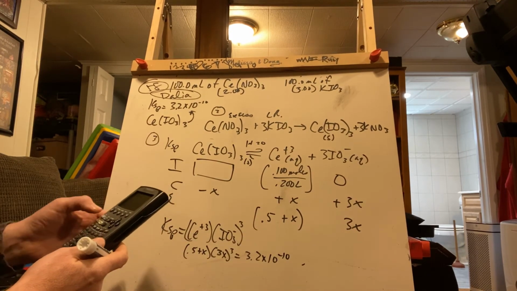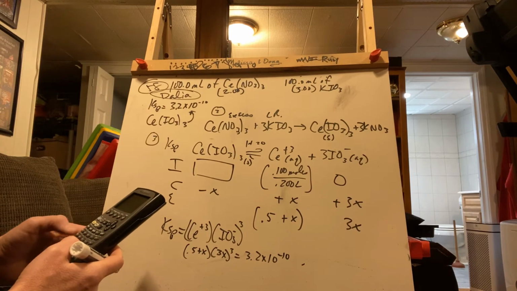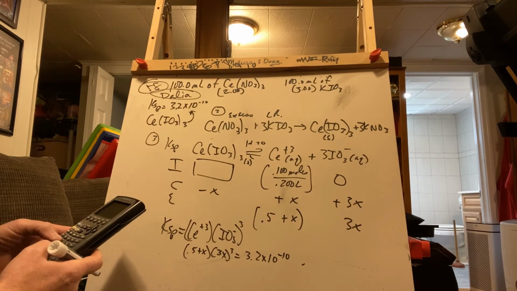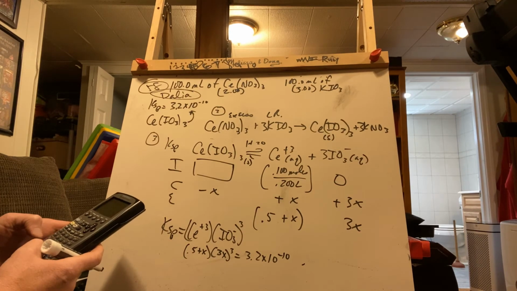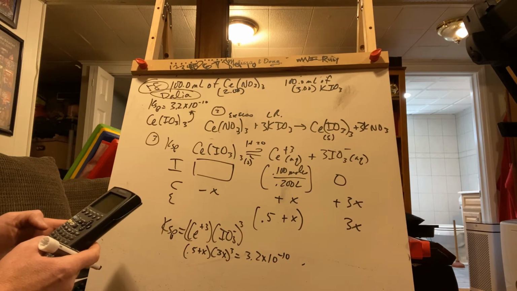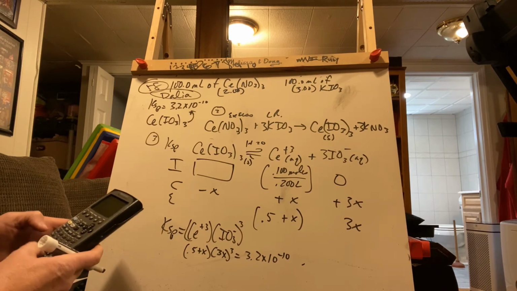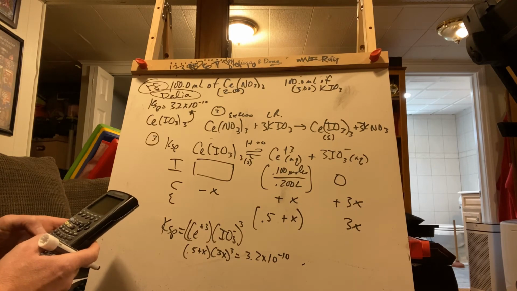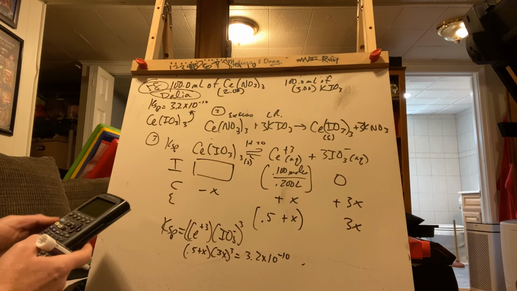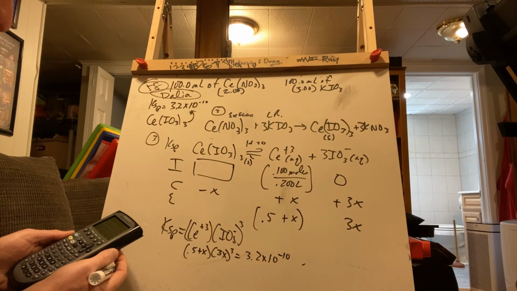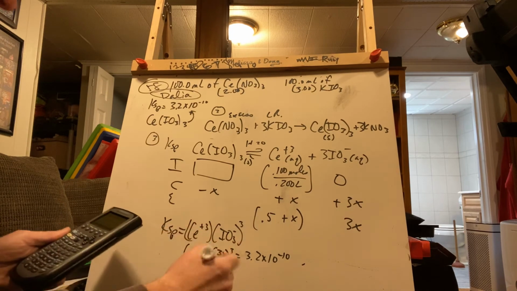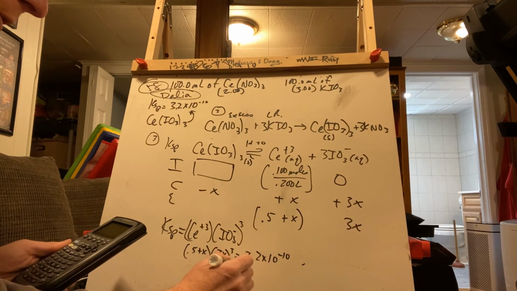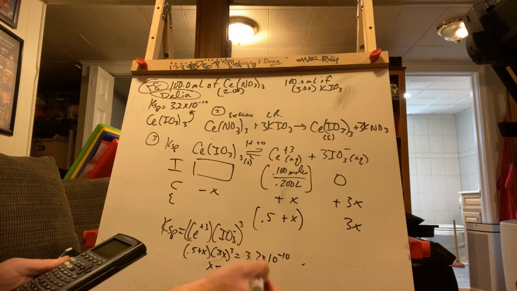We solve it. Okay. x times 3x cubed equals 3.2 times 10 to the negative 10th, solve for x. Okay, that gets us x equals 0.000287.